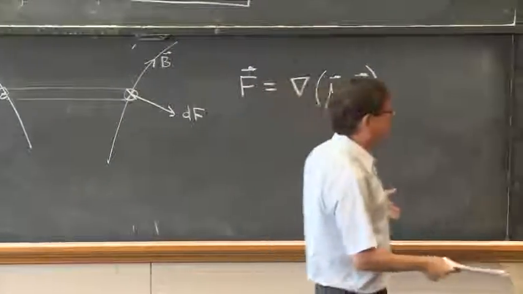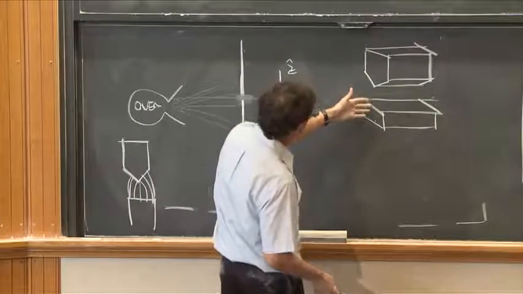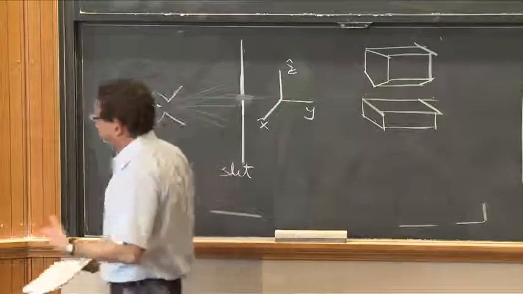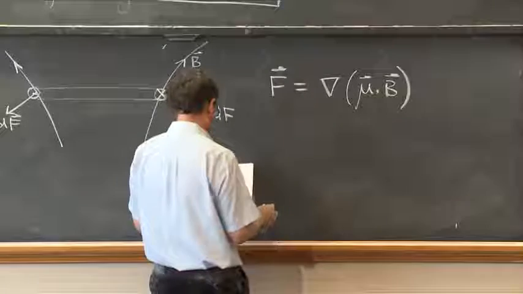The fact is that because the magnetic field is mostly in the z direction and varies in the z direction, there will be a force basically in the z direction. Why is that?